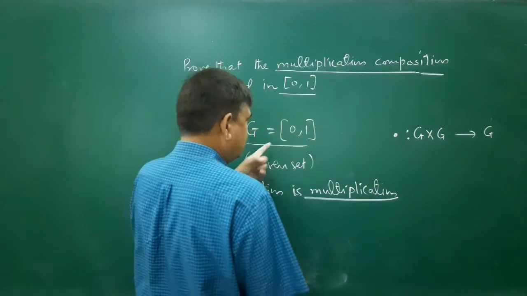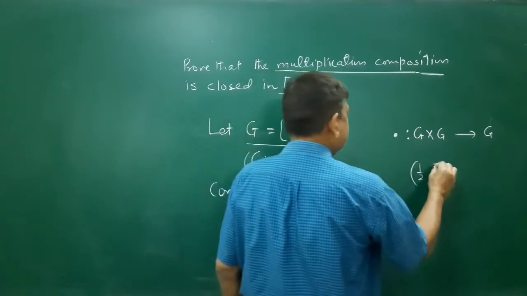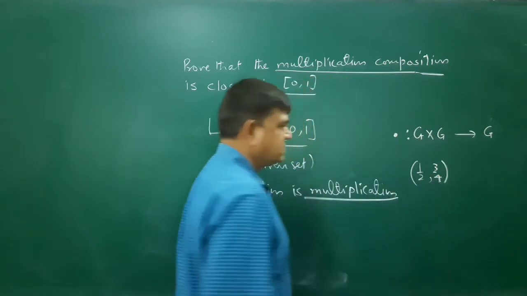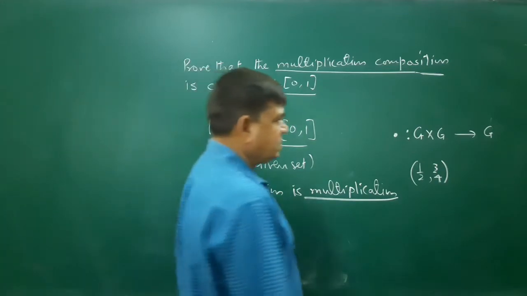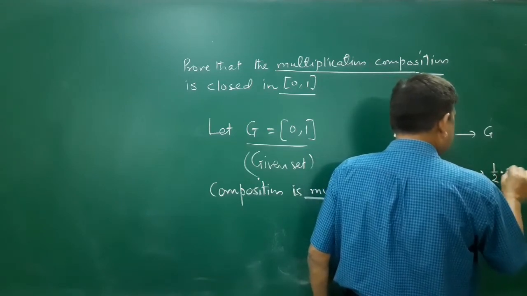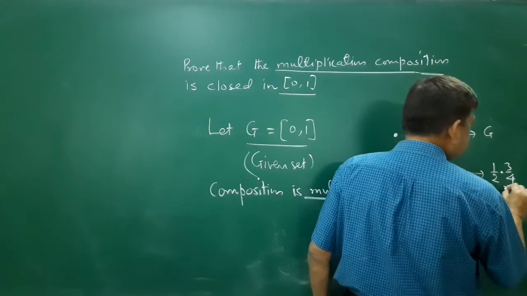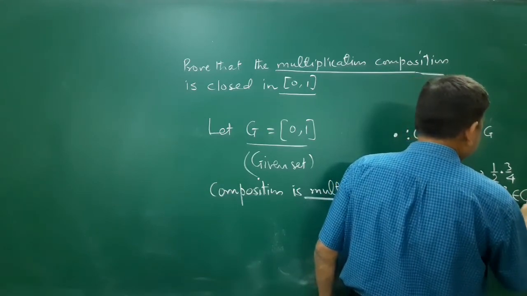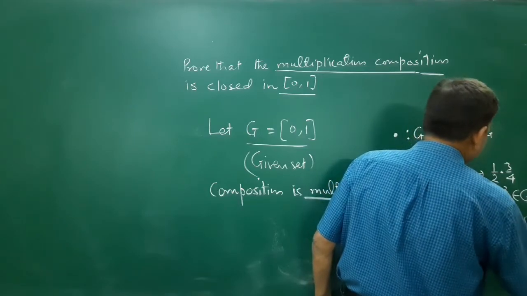Suppose I consider one member is 1 by 2 and the other member is 3 by 4. If you multiply this, 1 by 2 into 3 by 4, then your answer is 3 by 8, that belongs to J. That means 3 by 8 belongs to [0, 1].